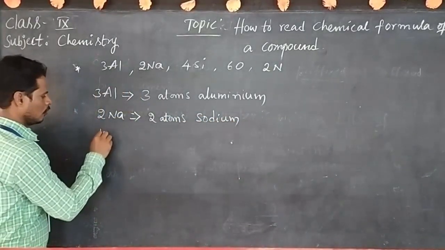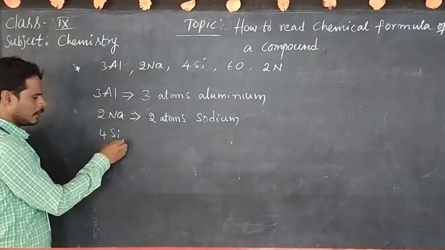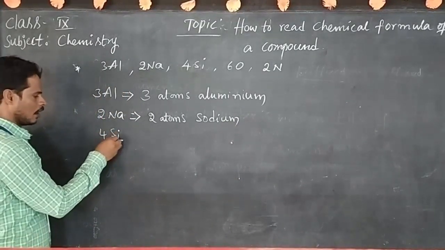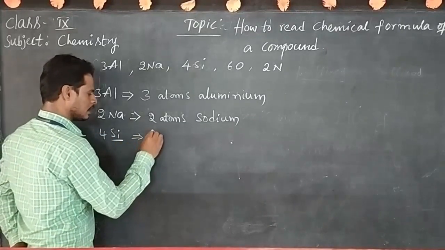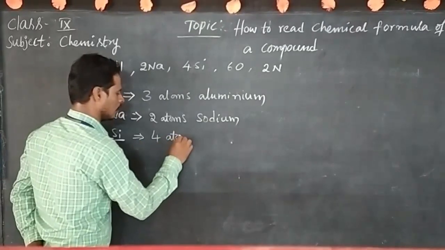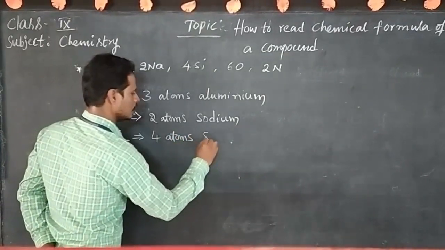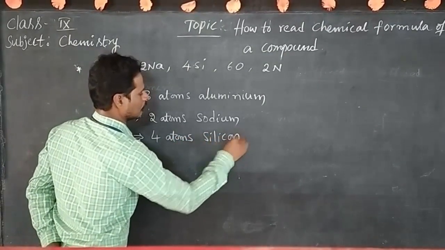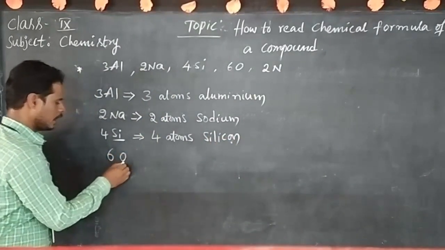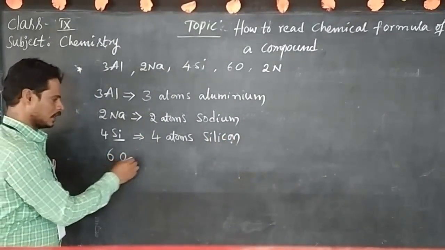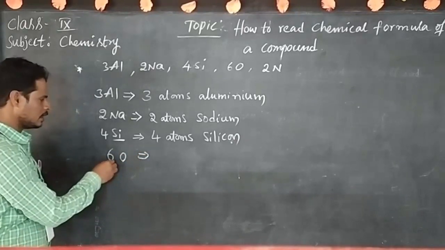Next, 4Si. What is the name of this symbol? Silicon. In front of silicon, how much number is there? 4. So it tells about 4 atoms of silicon. Next one, 6O. What is the name of this one? Oxygen. In front of oxygen, how much number is there? 6.